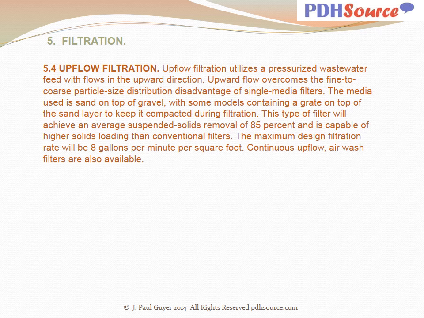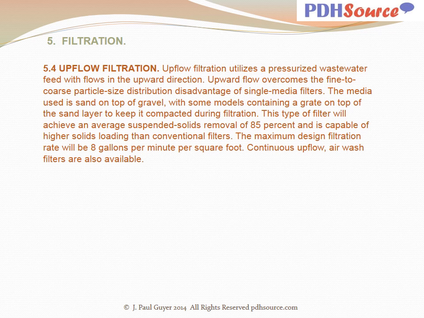Upflow filtration utilizes a pressurized wastewater feed with flows in the upward direction. Upward flow overcomes the fine to coarse particle size distribution disadvantage of single media filters. The media used is sand on top of gravel, with some models containing a grate on top of the sand layer to keep it compacted during filtration.